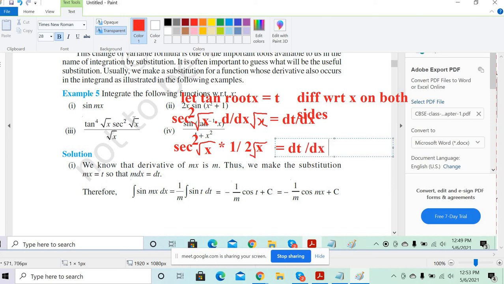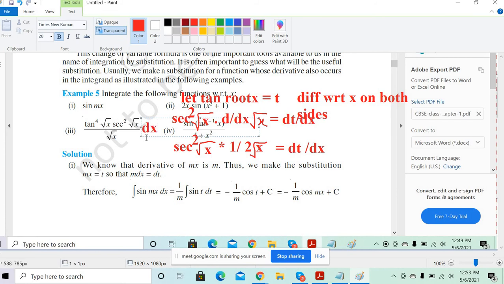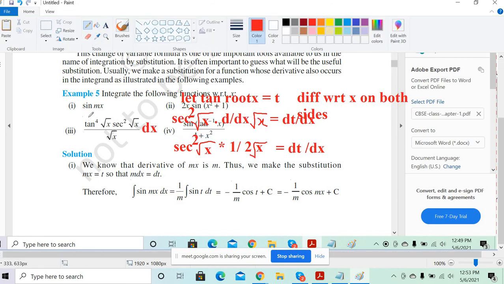Now we need to substitute the dx value here, because the integration is with respect to dx, right?